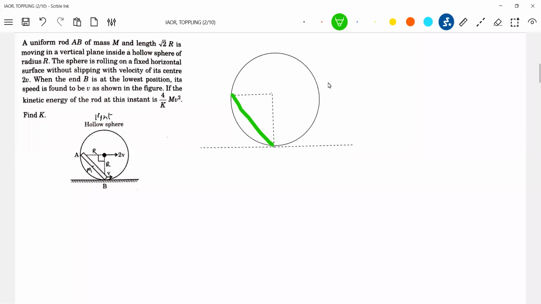Now what are the velocities? Let me call this O, this is B, this is A. What is the velocity of this end? It is 2v. The velocity of this end is v.